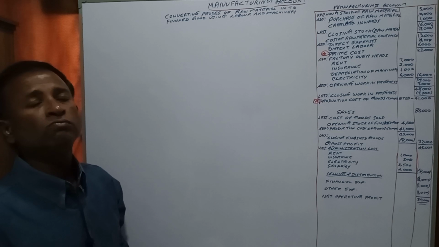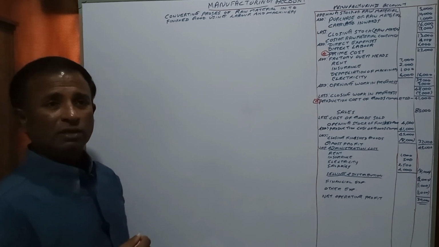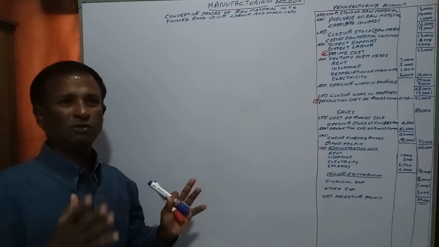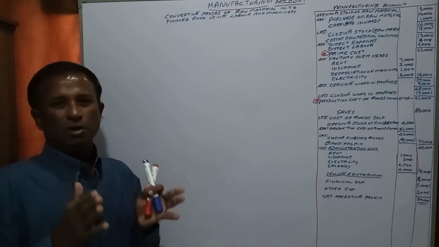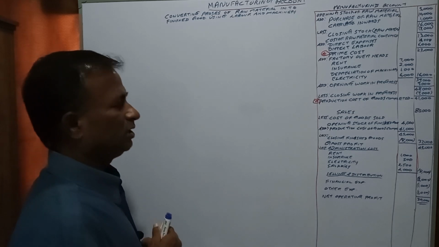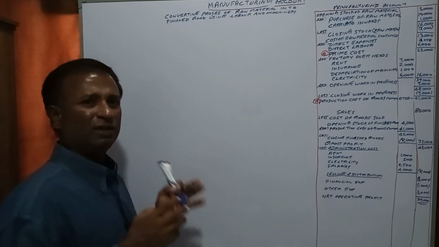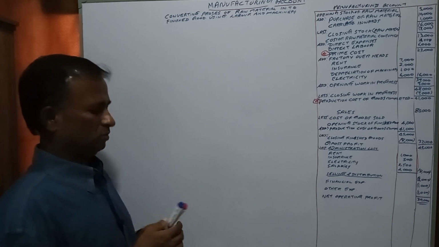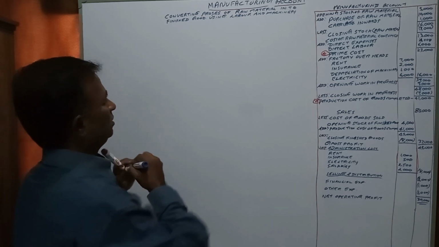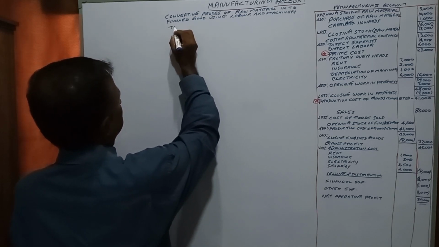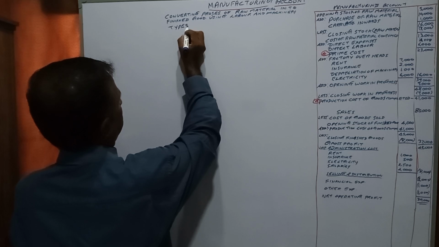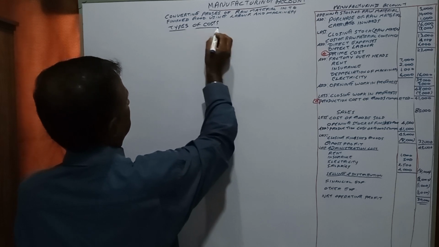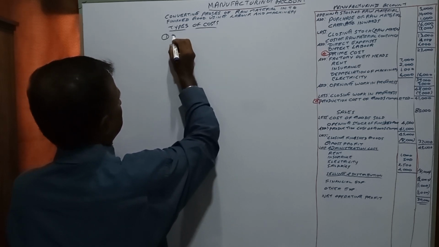So here, as you know, there will be several costs involved in the production process. In that case, we classify those production costs into two types of costs. One is direct cost.